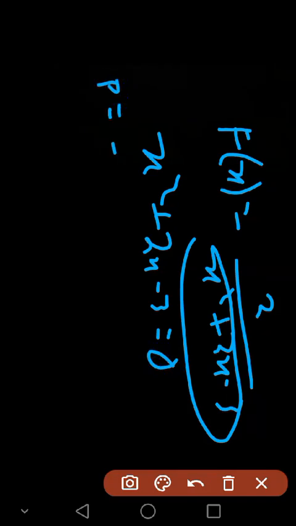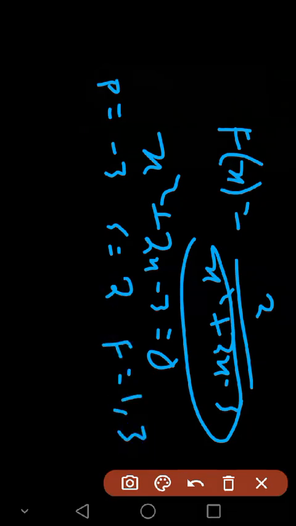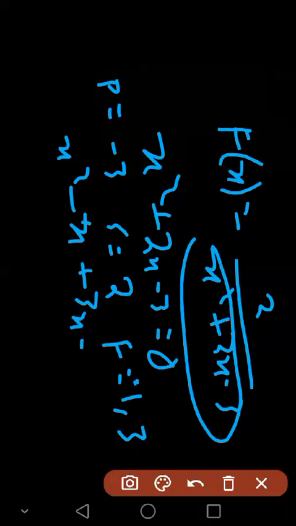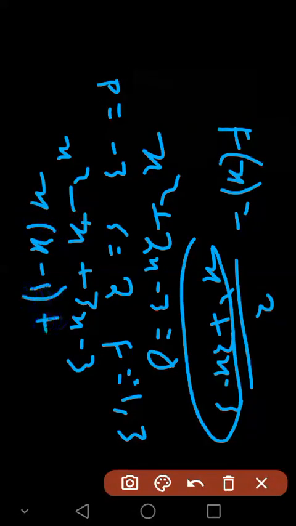Finding the product here would be negative 3, finding the sum here would be 2. And the factors should be 1 and 3, where 1 is negative. So it's going to be x squared minus x plus 3x minus 3, so x times (x minus 1) plus 3 times (x minus 1).